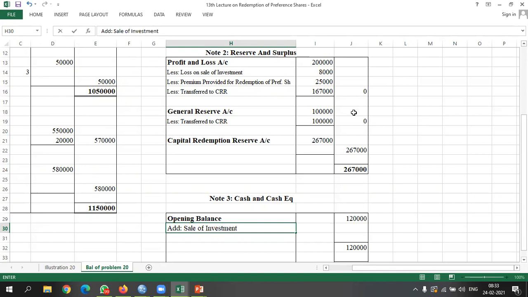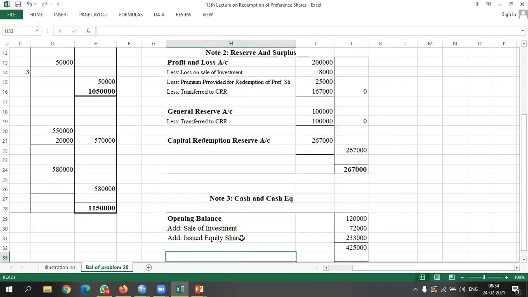How much we got? We got 72,000. Apart from that, we also got, add, we have issued equity shares for redemption of preference shares, and from there we got a sum of rupees 2,33,000.